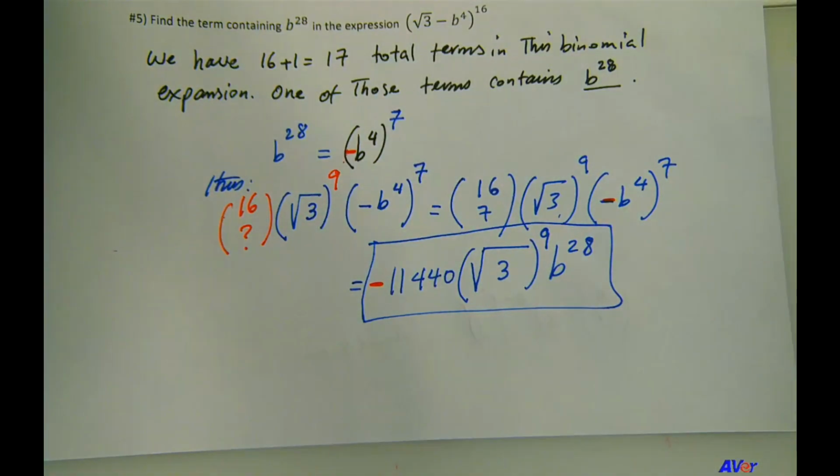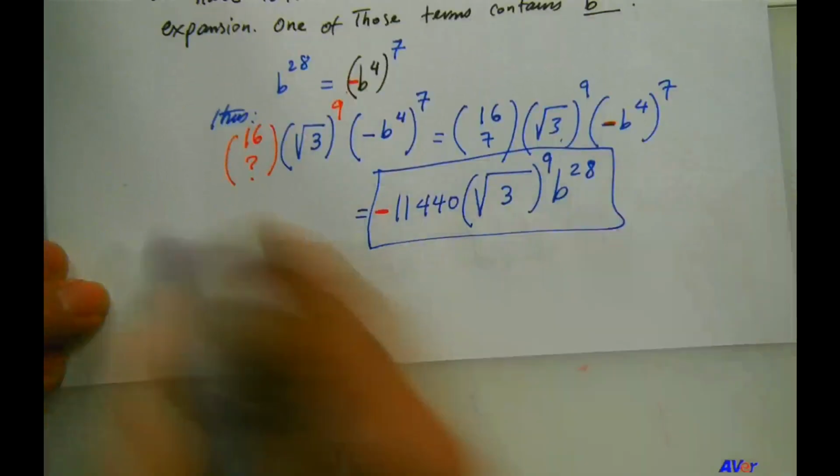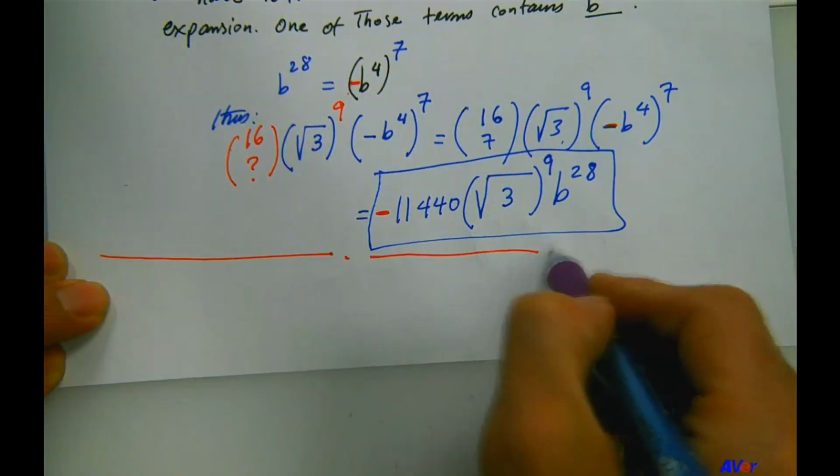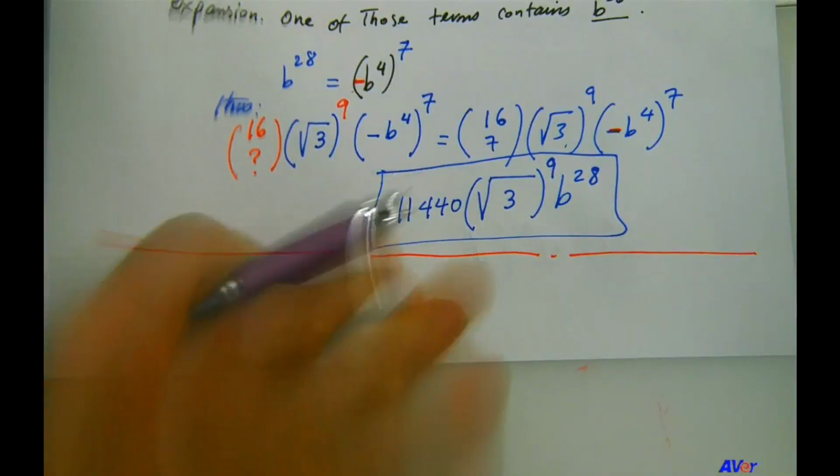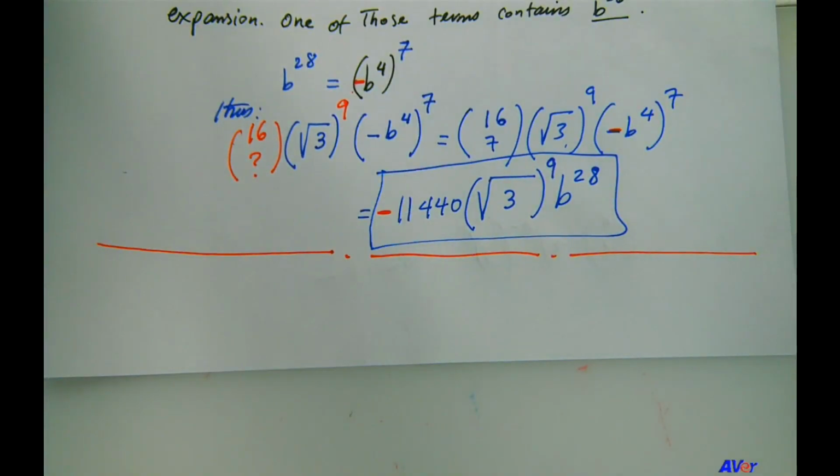Okay, so another way of finding this, maybe I can fit it in here at the bottom, is using the formula. So n choose r, x to the n minus r times y to the r.